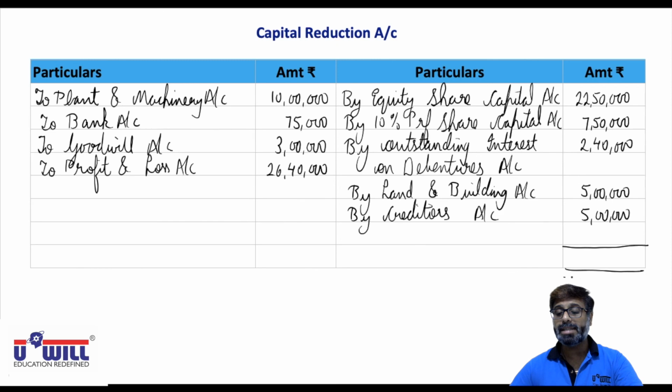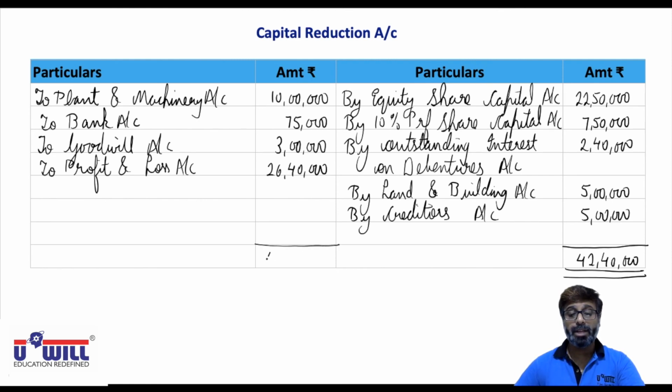First we'll do the credit side total, 22, 50, 30, 32 plus 10, 42 lakh 40,000. All of you check in the calculator, does the credit side total come to 42 lakh 40,000 or not? Now from that we'll subtract 10 lakh 75,000, 3 lakhs and 26 lakh 40,000, so 2 lakh 25,000 will remain.